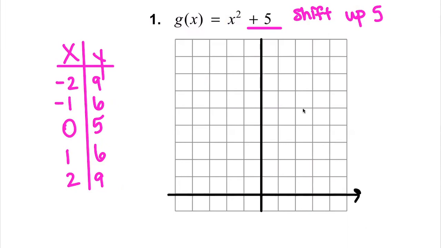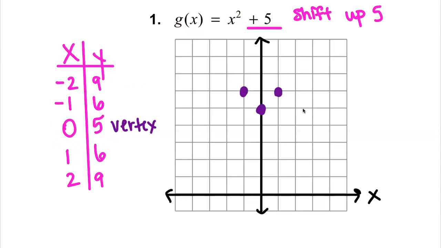Okay, so I'm going to draw my x and y axis, and I drew my x-axis a little bit lower so I have some more room. We know that since this is where we are having that symmetry, this is going to be our vertex. 1, 2, 3, 4, 5. Here's our vertex right here at 0, 5. And then at 1, 6 and negative 1, 6, we have coordinates.